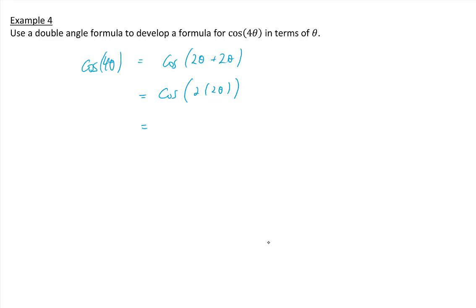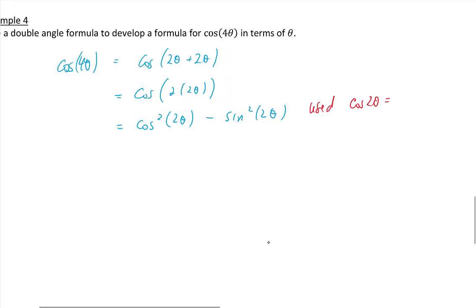So using our cosine 2 theta identity, this is equivalent to cosine squared of 2 theta minus sine squared of 2 theta. So again, I used my cosine 2 theta identity, which is equal to cos squared theta minus sine squared theta.